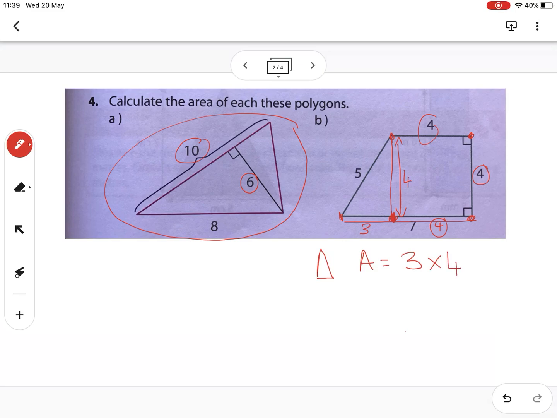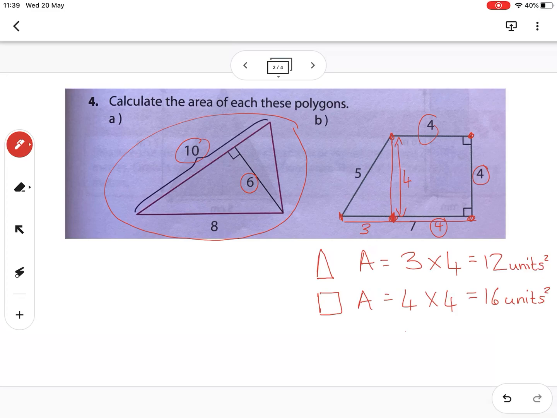All right, so I can work out the area of the triangle as 12. There's no units given here, so you can write units squared after your answer. Then you do the area of the square, length times width.